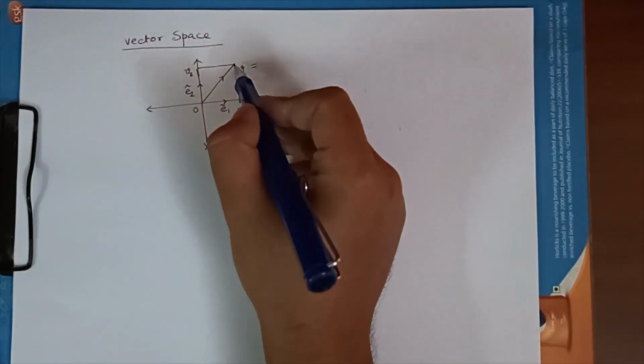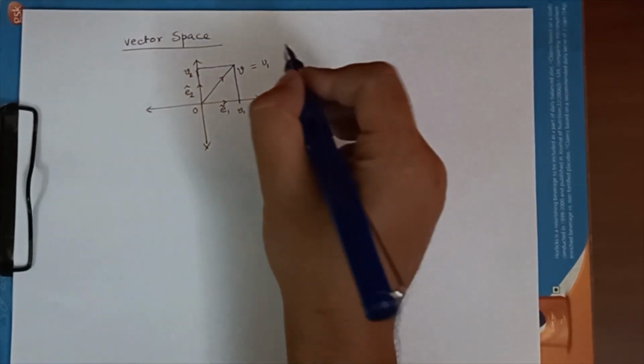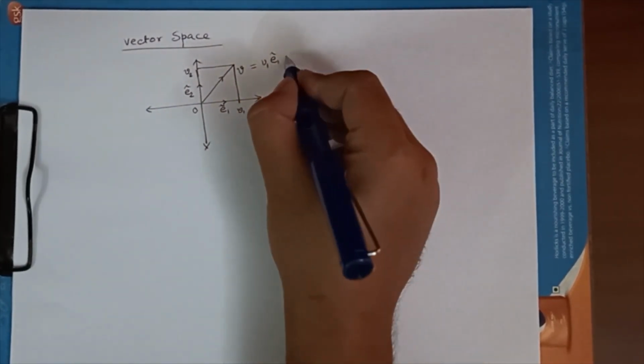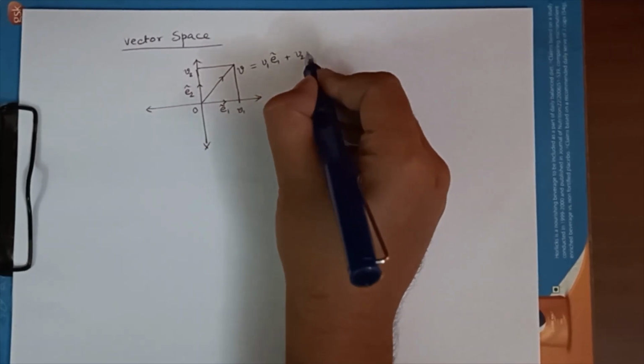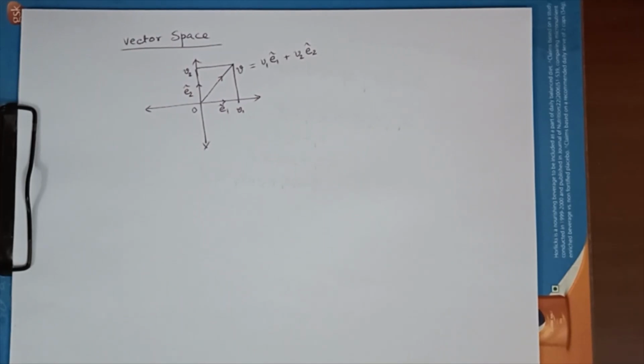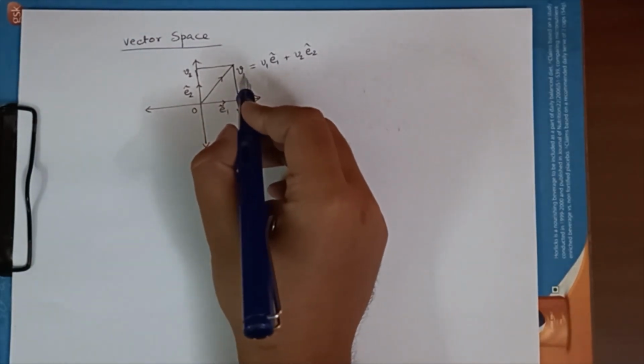Then we can write this vector v as v1, which is a scalar, the length, times e1, which is a vector, plus v2 times e2. The linear combination of these two unit vectors, e1 hat and e2 hat, is basically the representation of this vector.